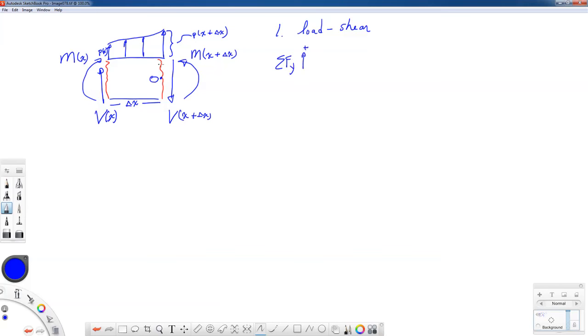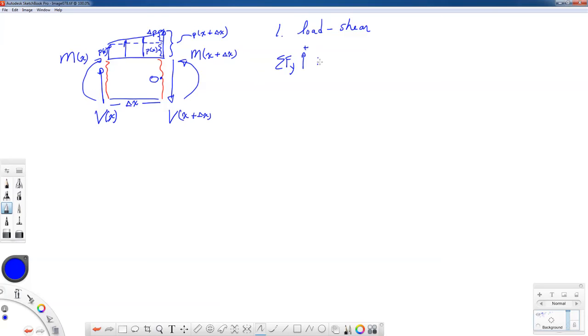And to help me a little bit with this distributed load, I'm going to break this distributed load up into a constant part so that it is the same height all the way across of P of x. And then over on the right hand side, it's a little bit higher than P of x. I'm going to call that extra distance right here delta P. So we'll deal with that in just a moment.